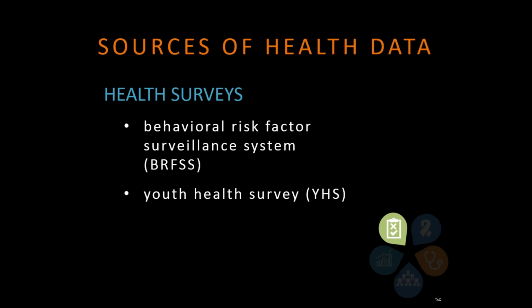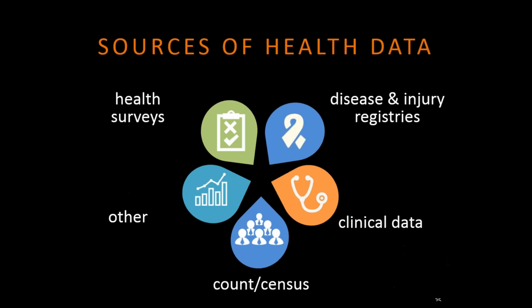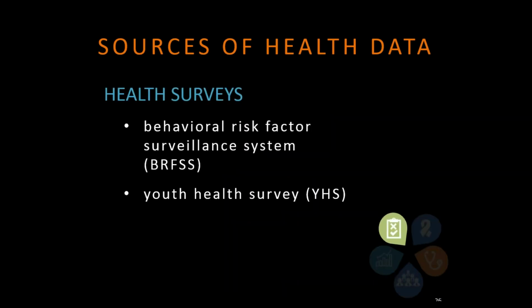Excellent thinking. Critical thinking. All right, so let's go through all these different data sources and some of the pros and cons of each. So health surveys. As I said before, health surveys are often intended to be representative of the geographic areas they represent. Some examples include the BRFSS, or the Behavioral Risk Factor Surveillance System, which is a national survey standardized through the CDC.